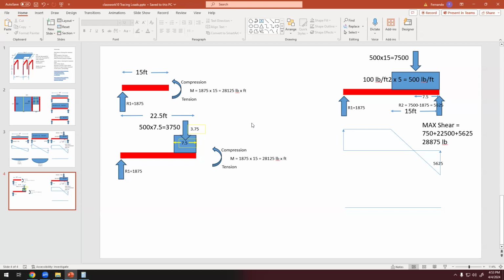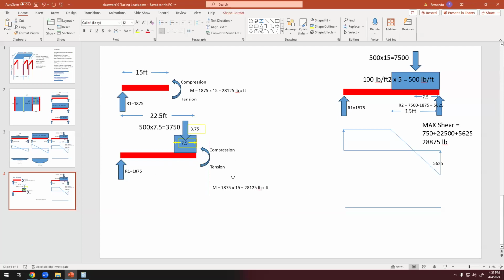Okay, so now we have the effect of two different things at this section. So we have R1 moving this clockwise, so the reaction should be counterclockwise.